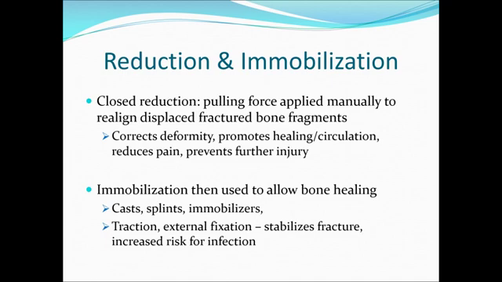It will get everything back in line to promote healing and circulation and have everything lined up for the body to heal itself with the osteoblasts. Once it's back in line, we're going to immobilize. Casts, splints, immobilizers, traction, external fixation, whatever we need to do to keep that immobilized so the body can heal.